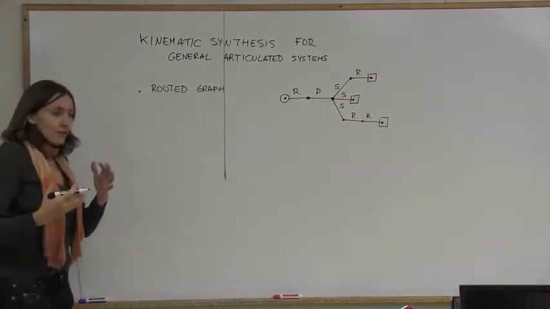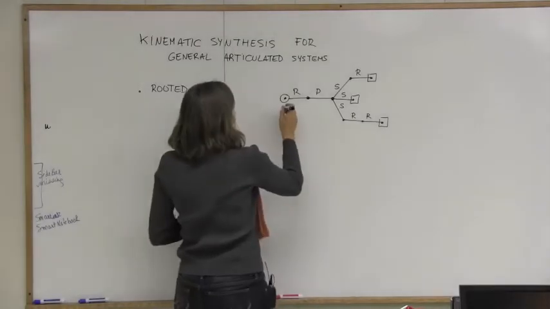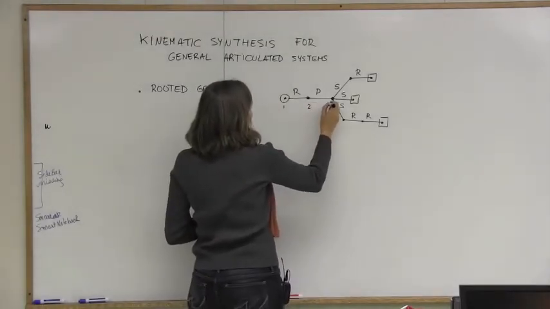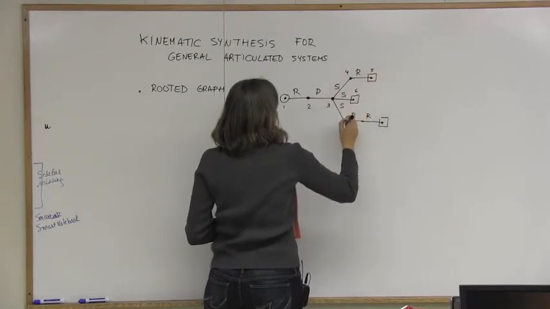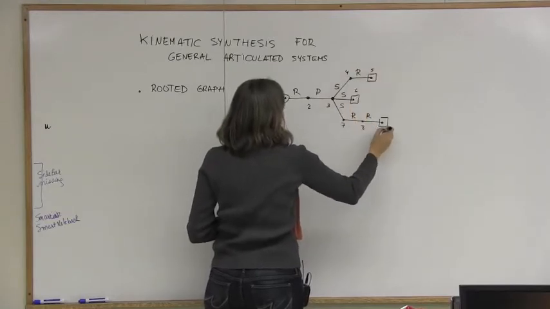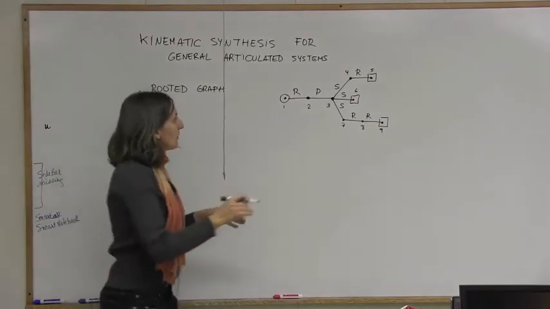Now we need to be able to identify this, and we can name the vertices 1, 2, 3, 4, 5, 6, 7, 8, 9.